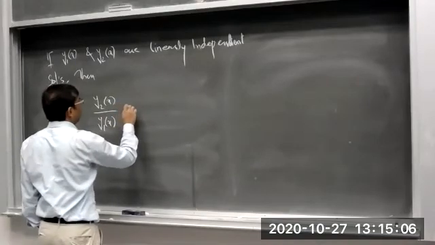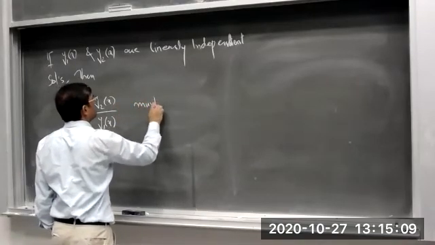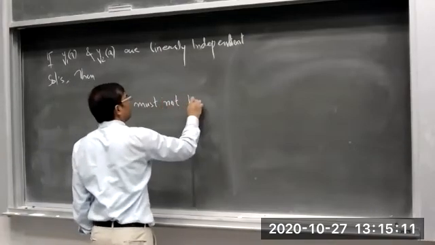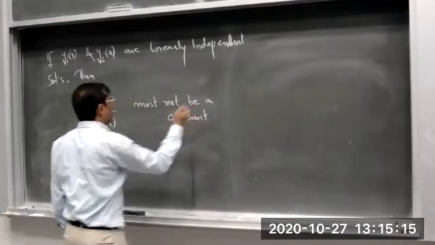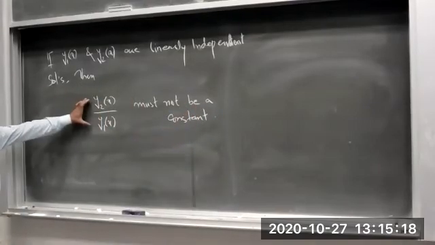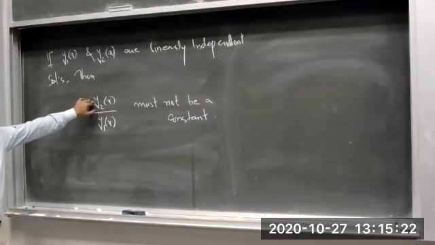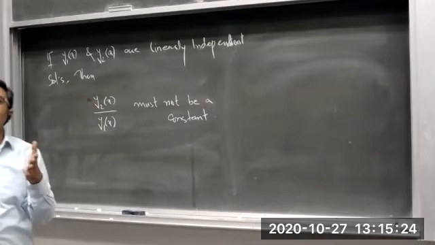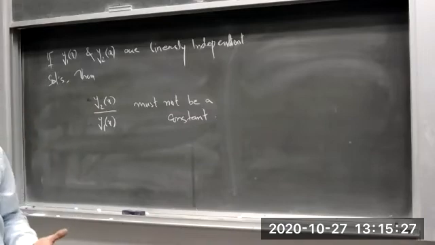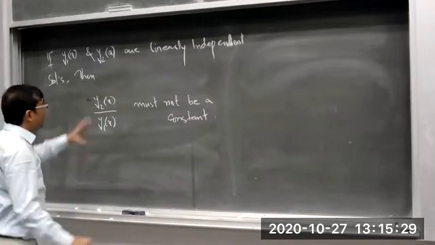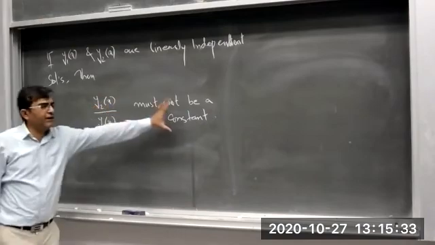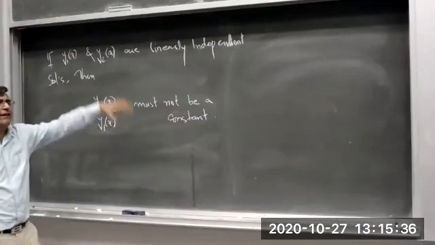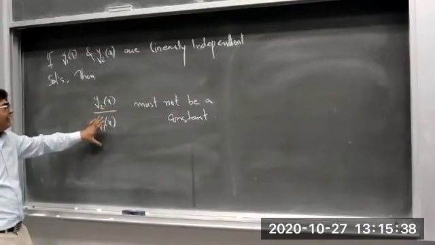Why? Because if they are linearly dependent, then y2 will be some constant multiple of y1. If they are independent, their quotient will not be a constant. Means y2 is not a linear combination of y1.